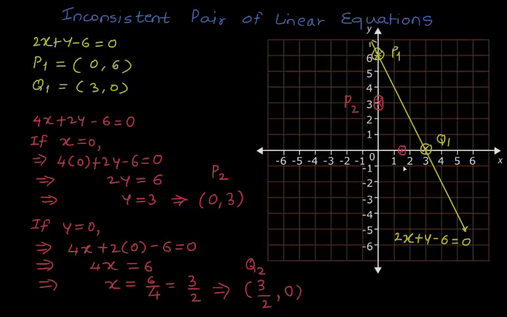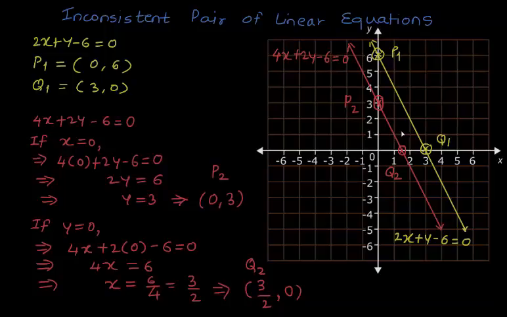Now let's draw a line which will pass through P2 and Q2. So this line is P2, Q2. Now this line is nothing but representation of linear equation 4x plus 2y minus 6 is equal to 0.